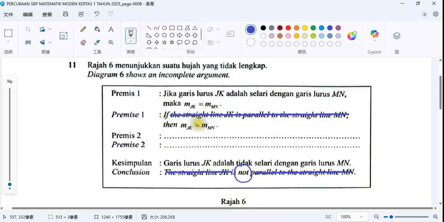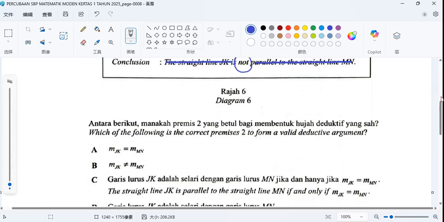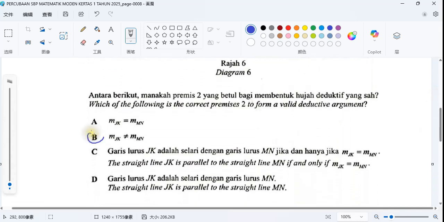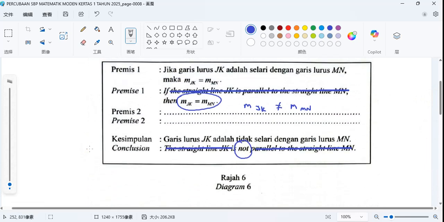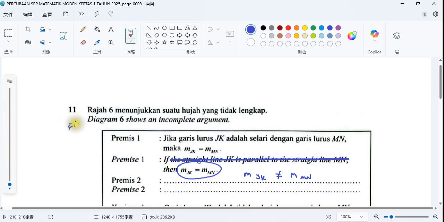Then what remains here will be this and the negation. So the gradient of JK is not equal to the gradient of MM. Okay, so JK is not parallel to MM. So this one is Form 4, Chapter 3, Logical Reasoning.